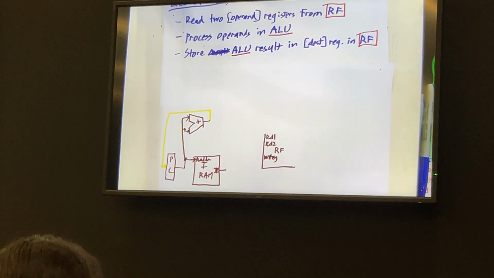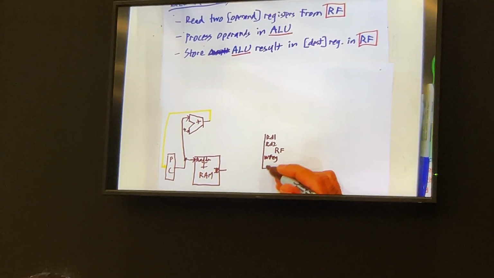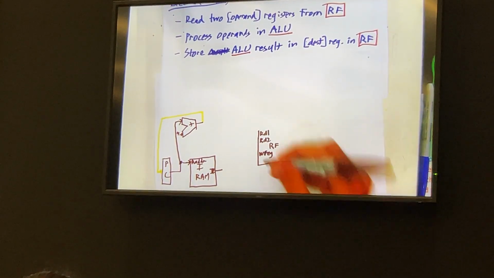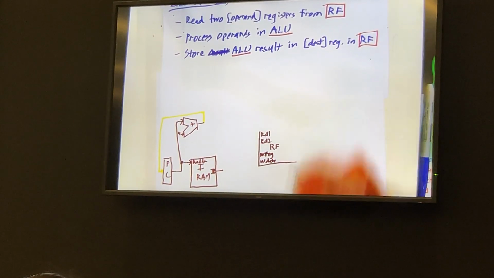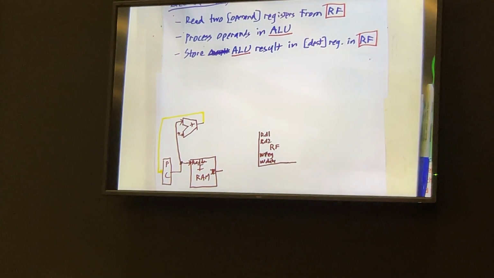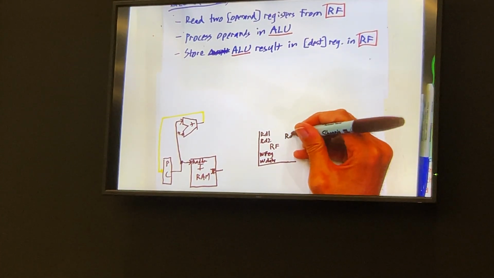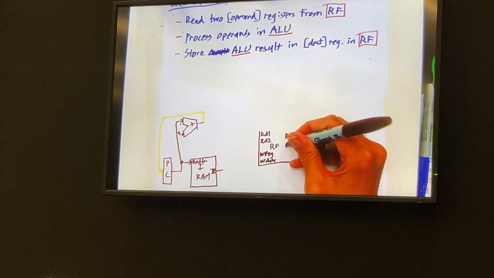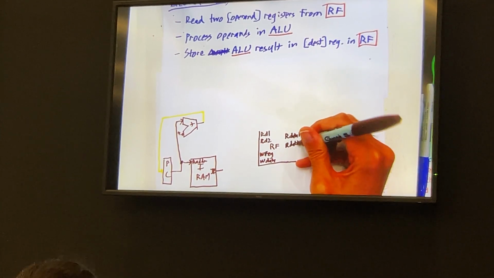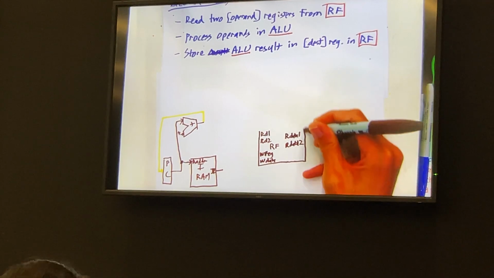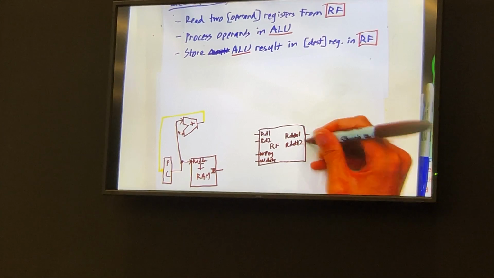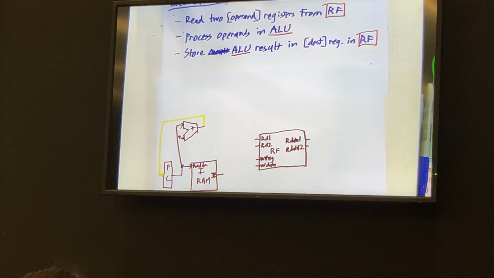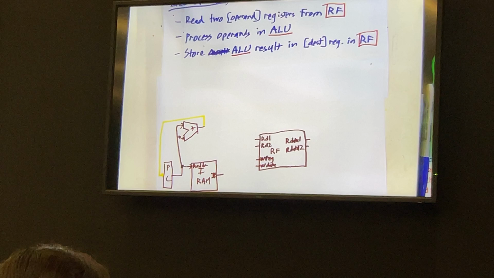Those are effectively the addresses. Then we have the data: the data that we're going to write is called write data, and the data that we read is called read data 1 and read data 2. So that is our register file, our sequential element.